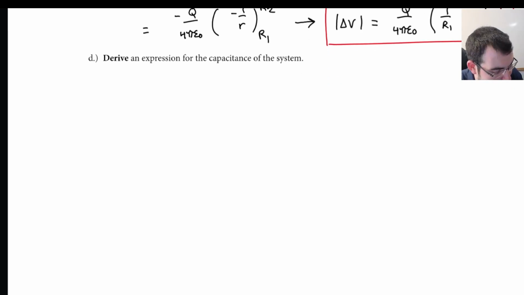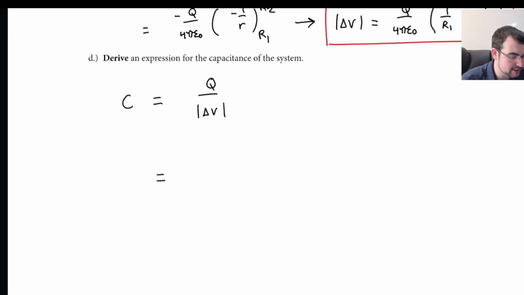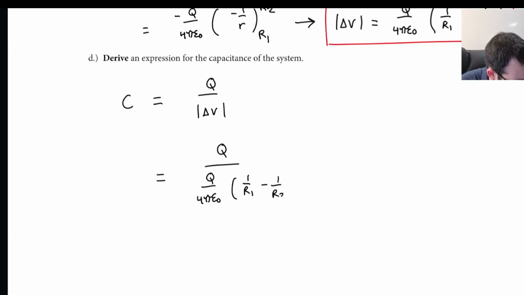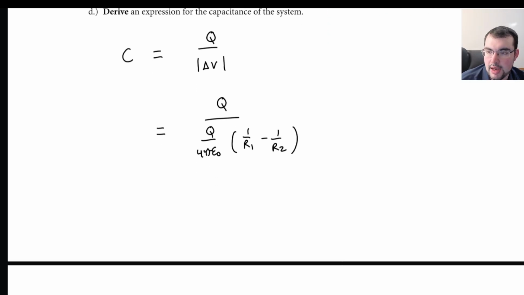So capacitance, by definition, is the charge stored on one of the conductors divided by the absolute value of the potential difference between them. And that allows us to write Q divided by this potential difference, Q over 4 pi epsilon naught times 1 over R1 minus 1 over R2. And we do know that that Q needs to cancel out because Q is not a geometry factor.